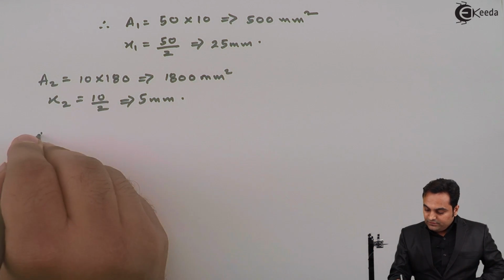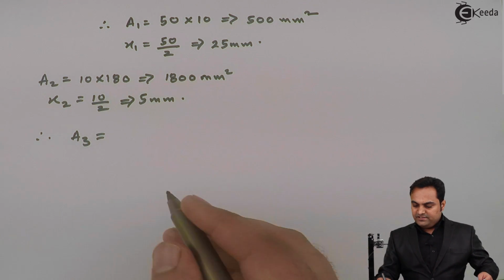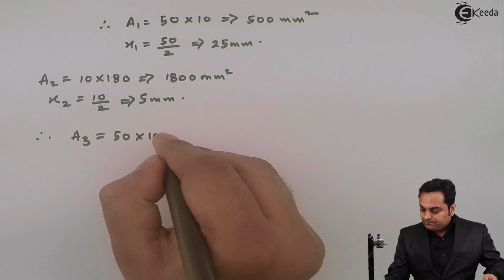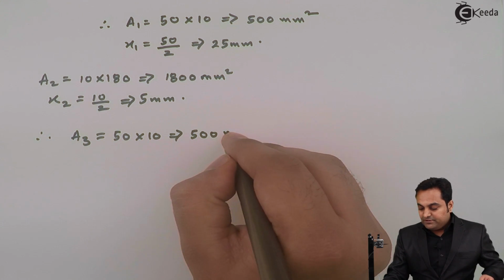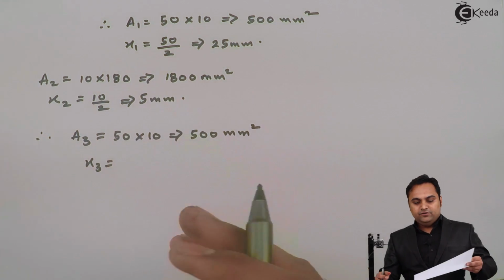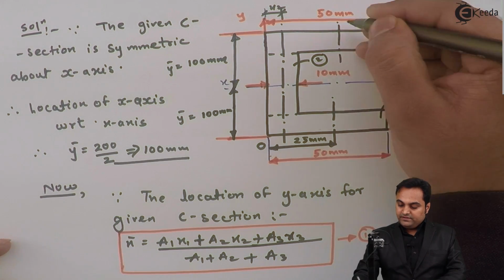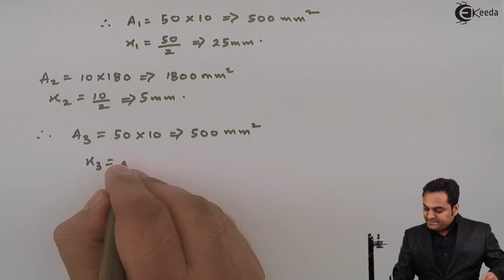Next, therefore area 3 will be same as area 1 because this is a symmetrical C section, and the x3 value will also be the same, their y-axes are passing through the same line, that is at half of 50.